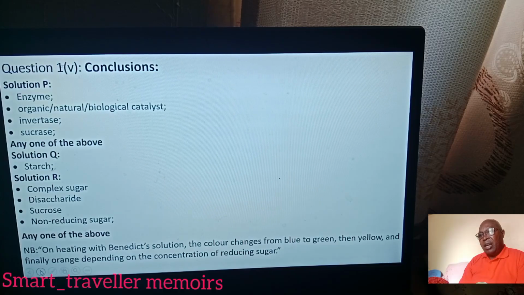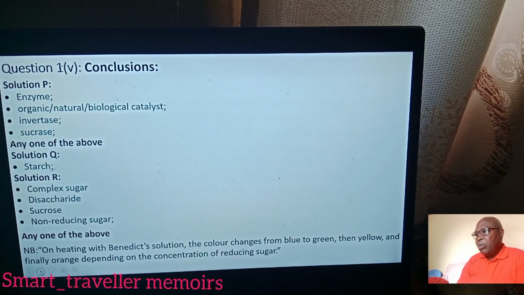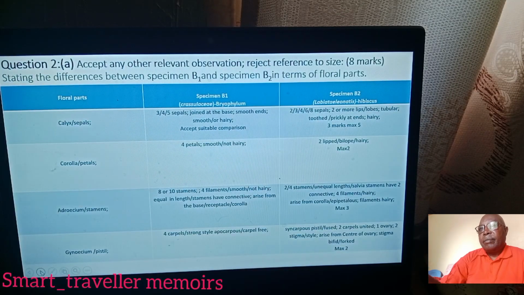Solution R is a complex sugar, or you can say a disaccharide, or sucrose, or non-reducing sugar. Any one of the above. Note, on heating with the Benedict solution, the color changes from blue to green, then yellow, and finally orange, depending on the concentration of reducing sugar.